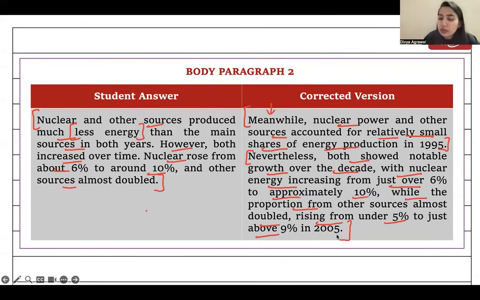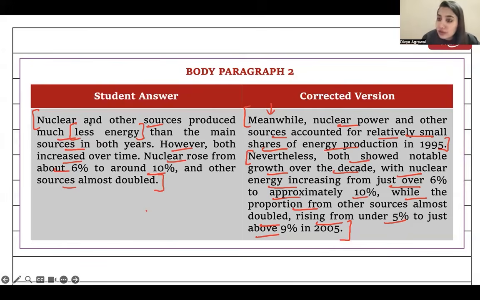Now, what are we doing here? We are majorly using approximators when something is around 29% or something above like that. So you can say under 6% or under 30%. Or if something is just above something, you can say over or approximately. Use these words. This is going to play a major role.